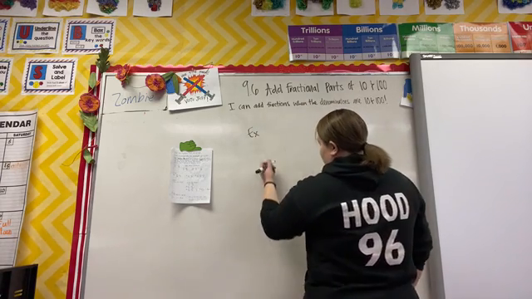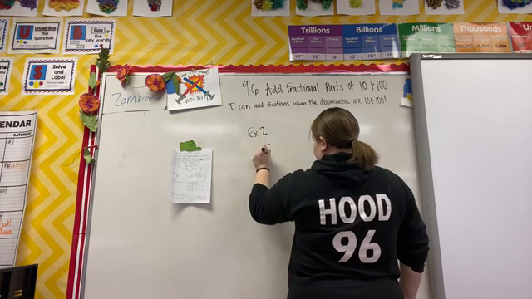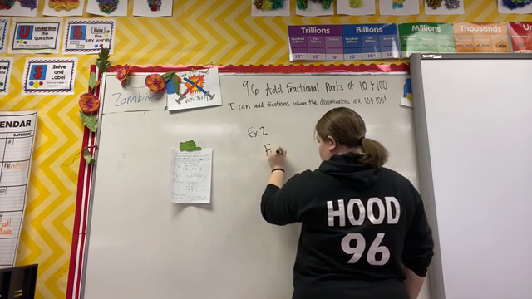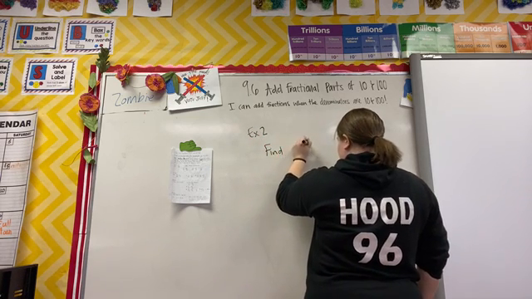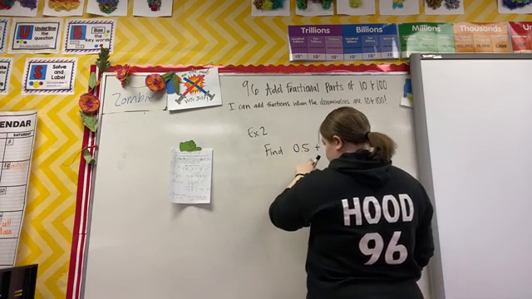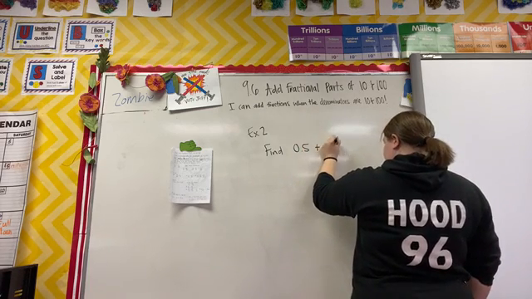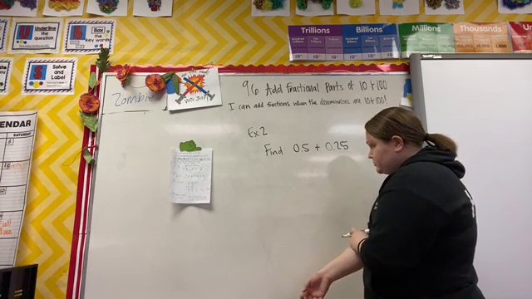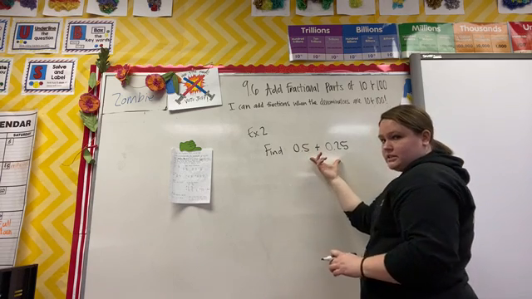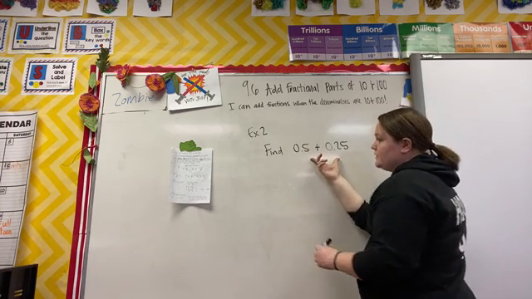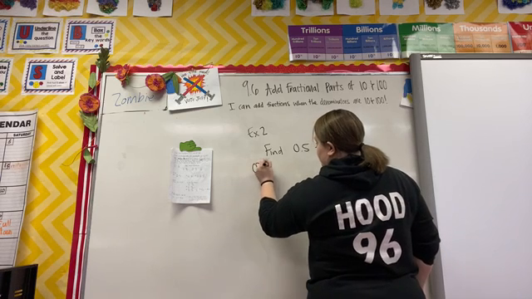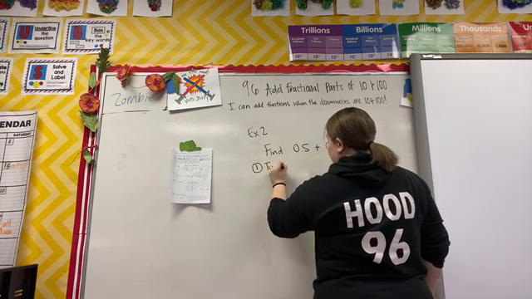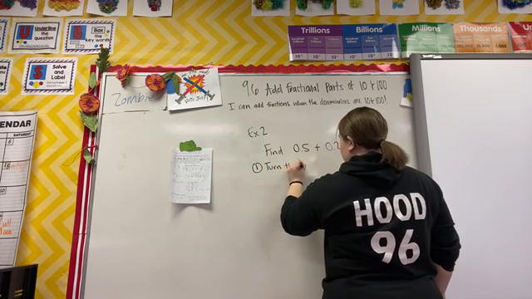Okay. Example number 2. Find 0.5 plus 0.25. So, when they're in decimal form, the first thing I'm going to do is turn them into fractions.